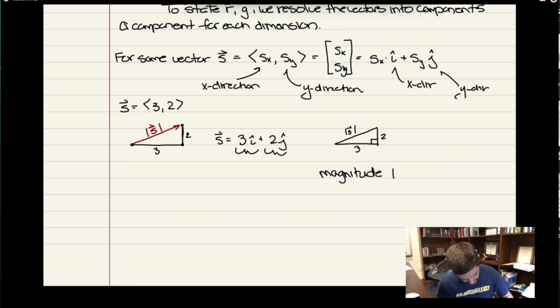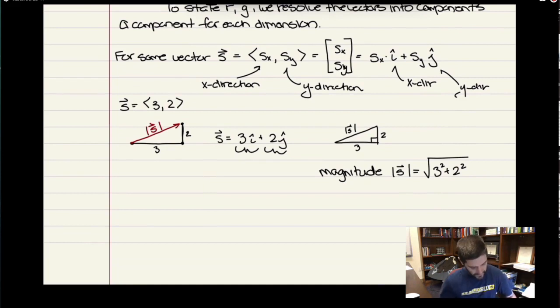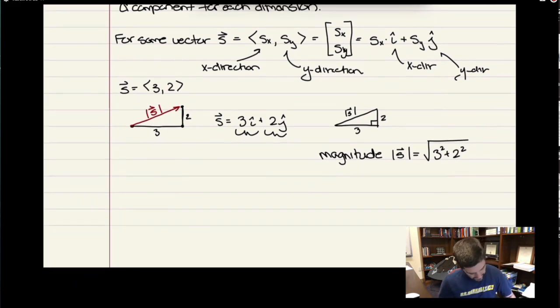The magnitude, the length of the hypotenuse in this case, you can evaluate by a simple application of the Pythagorean theorem. So in this case, it would be 3 squared plus 2 squared, all in the square root. That's the square root of 9 plus 4, which is 13.